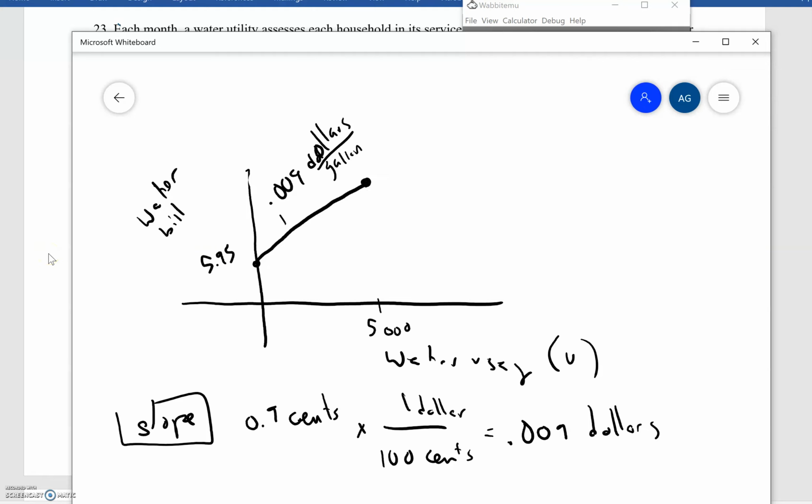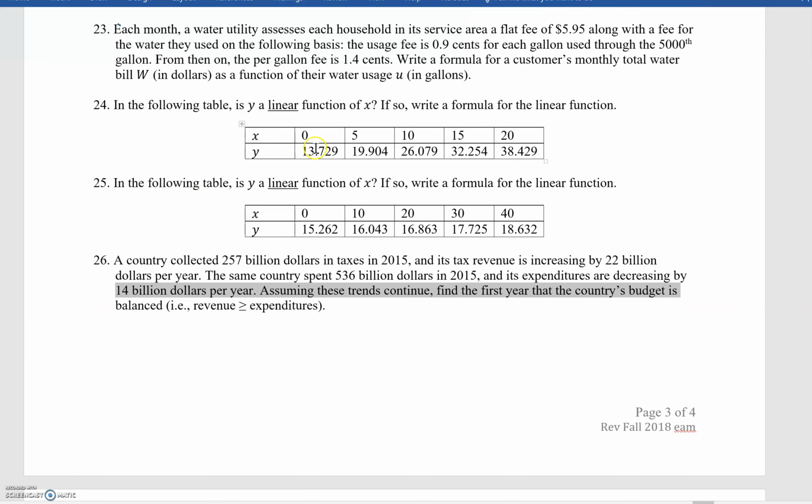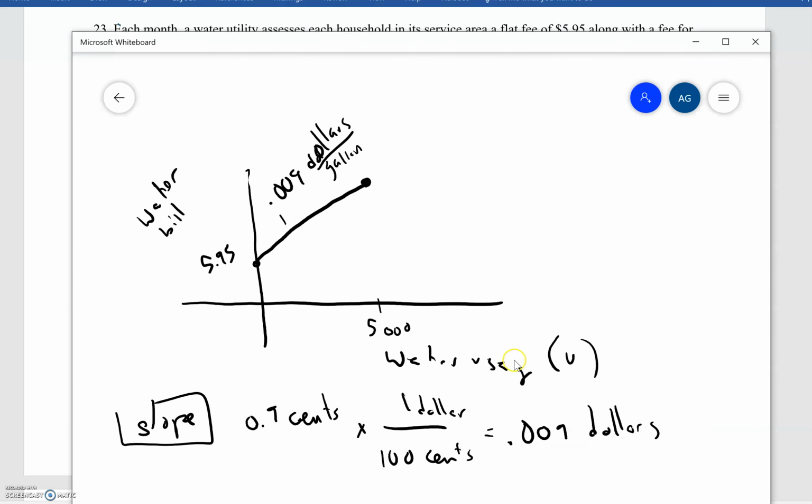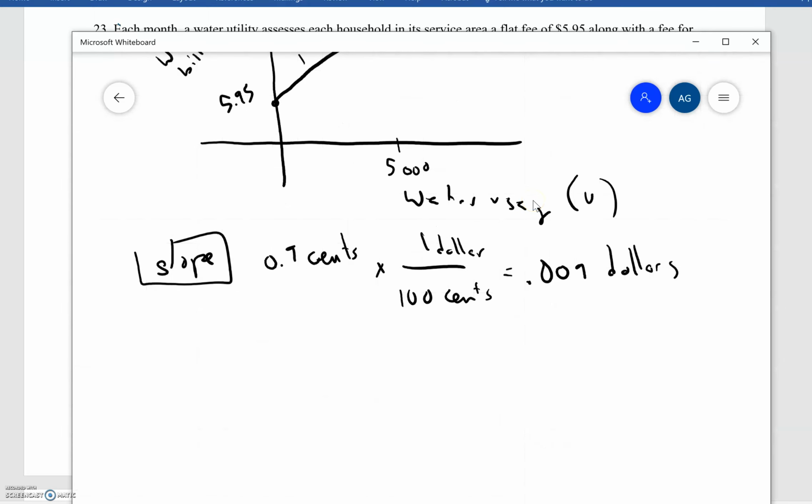And then I go up to 5,000 gallons. And when we hit the 5,000 gallon mark, we now are charged more per gallon, which is 1.4 cents per gallon. So we have a new slope. So we've got to figure that one out as well.